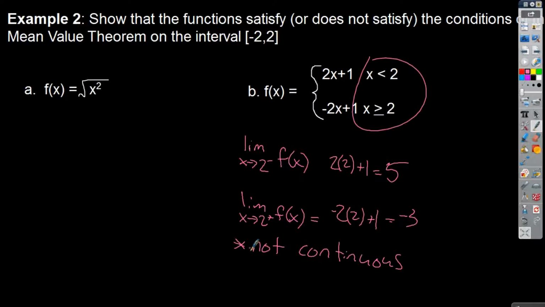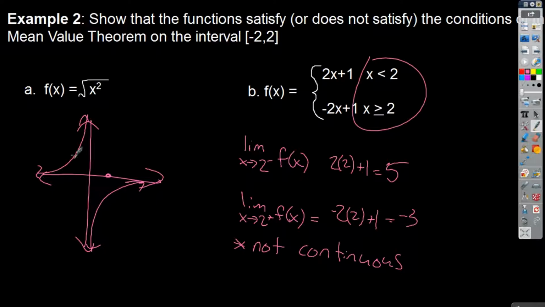If we think about our examples, let's just look at an example of why discontinuous would not be okay. Let's look at 1 over x. 1 over x actually has a positive slope everywhere.